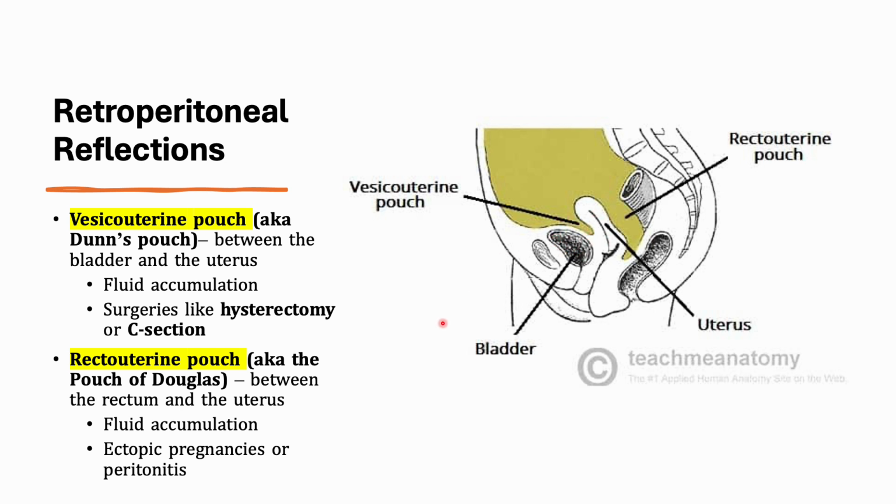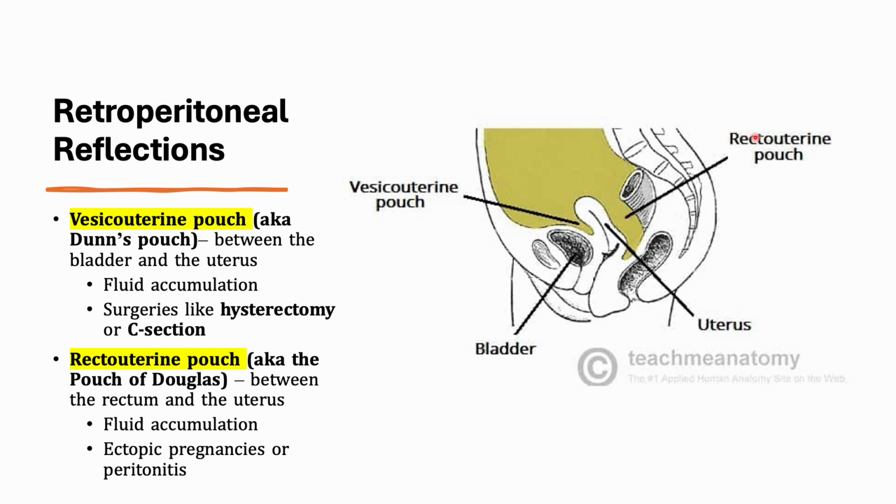The importance of this is that a lot of fluid accumulates there, a lot of infections and inflammation. That's an area where you can take some fluid and test it. And surgeries like hysterectomies or C-sections have to go by this vesicouterine pouch.